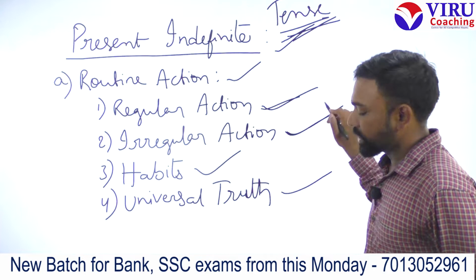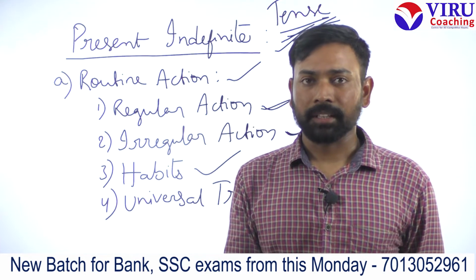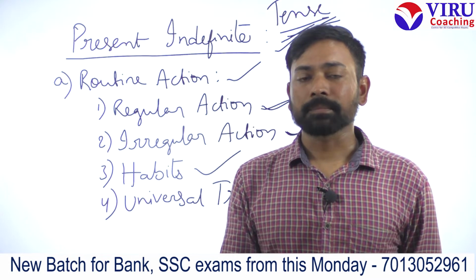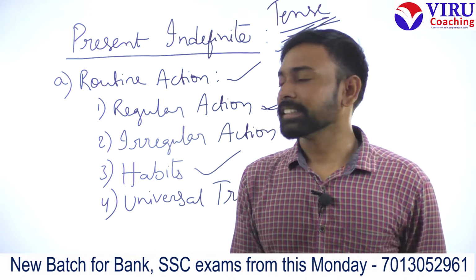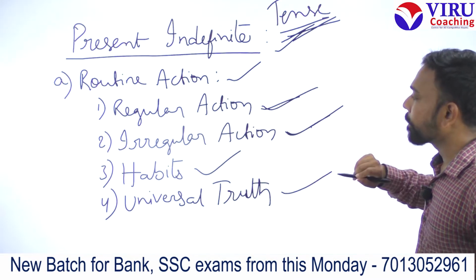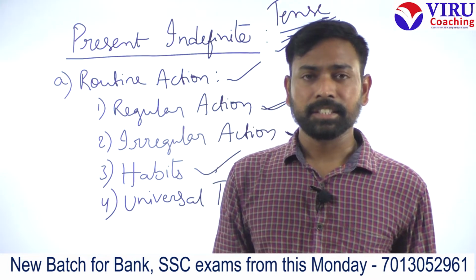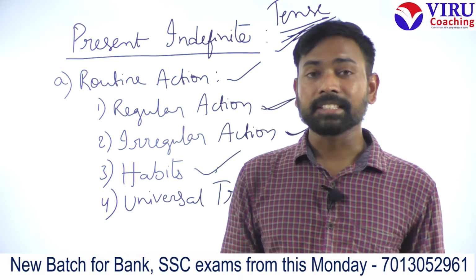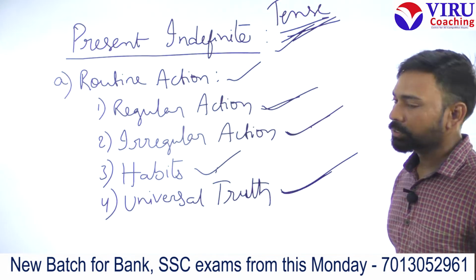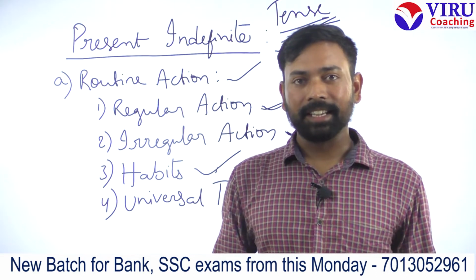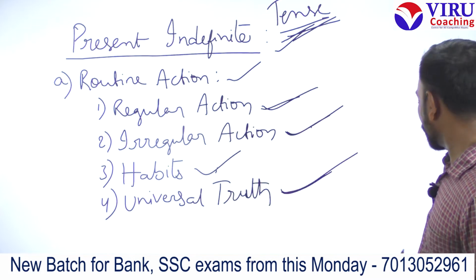And for irregular actions, the examples are: earthquake comes in Japan, earthquake comes in Himalayas, tremors come in Delhi. These are irregular actions. For habits, the examples are: he dances, she sings, he listens to music. For universal truth: sun rises in the east and sun sets in the west. These are the universal truth.